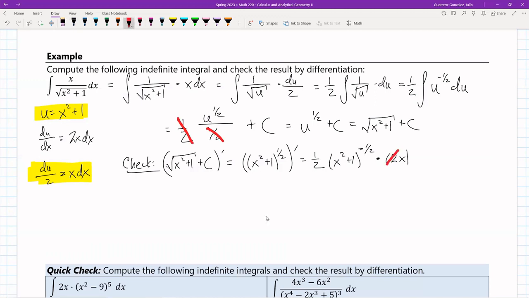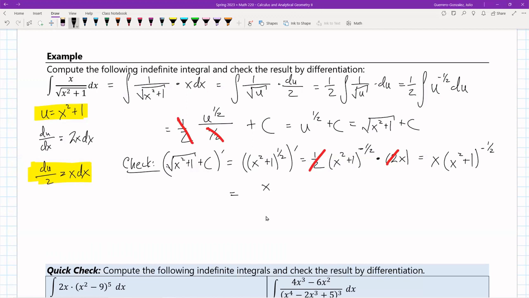Okay. I can simplify some stuff already. There's a 2 up front. There's a 2 in the back, and that's going to cancel out the 1/2 that's up front. So I get left with, I'm going to bring the x up front as well, so it's going to be x times x squared plus 1 to the -1/2. And if we recall from pre-calc, the square root is to the 1/2, and then the negative brings it underneath.